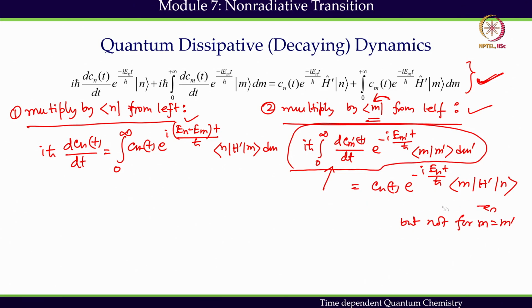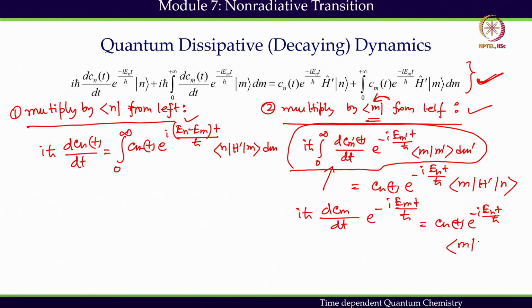And if I use that condition, I'll be able to write down i h cut dCm now/dt, with m dash equals m now, equals Cn(t) e to the power minus i (En minus Em now) t by h cut, H m n.